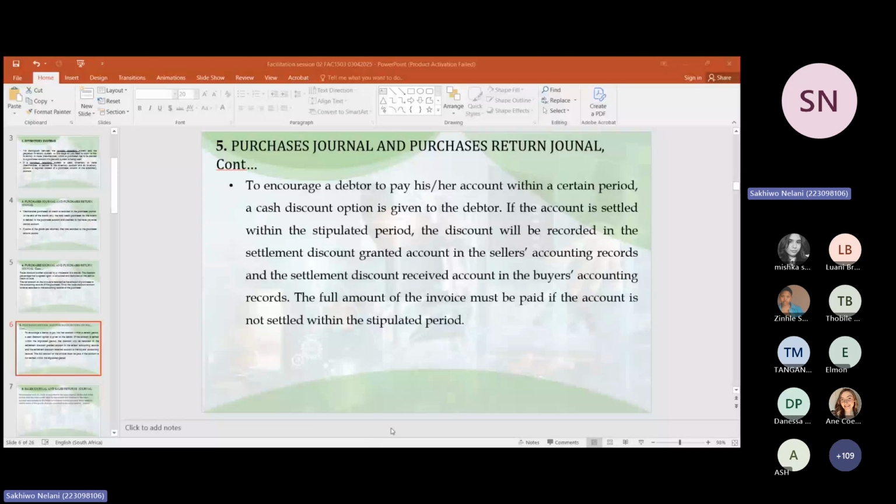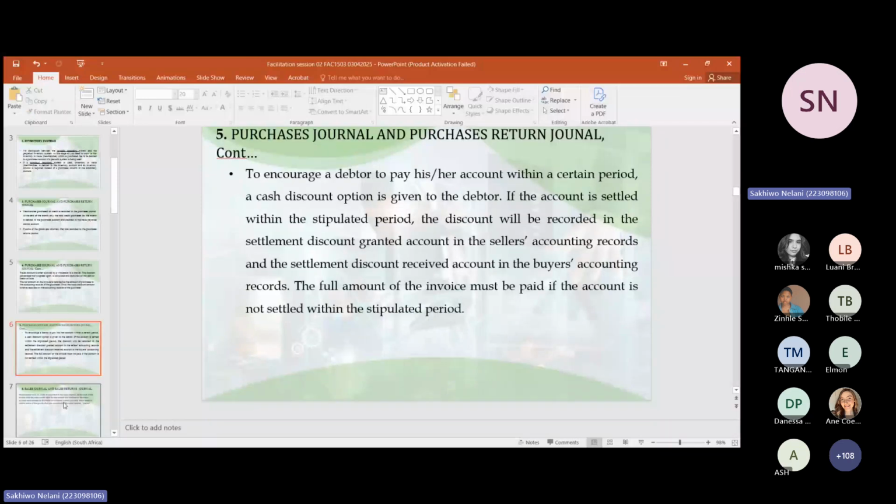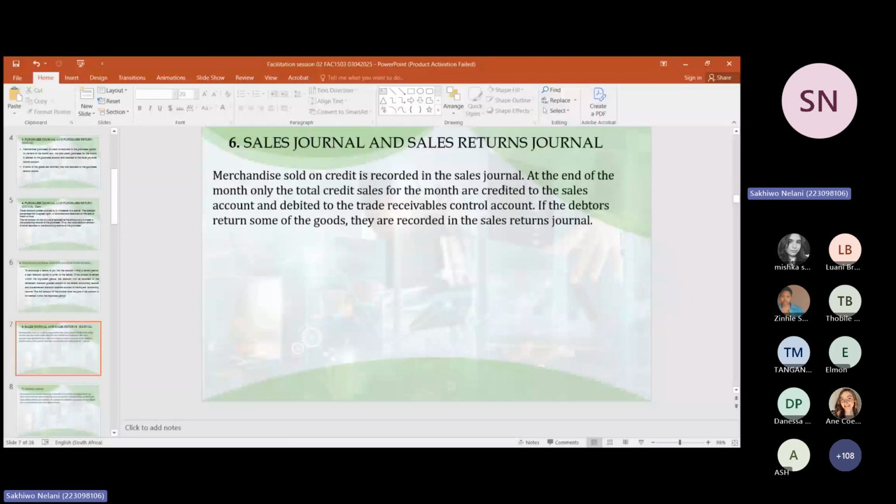In terms of the accounting treatment, you should know how to treat those settlement discounts. Basically, this second example directly relates to this. When you call it a sales journal, I'm referring to you selling to your customers. Whatever is sold to your customers must be recorded in your sales journals. Your sales journals record items sold on credit, so we call that journal a sales journal.